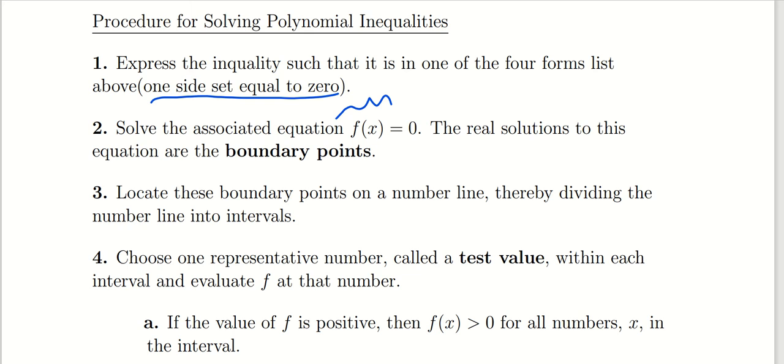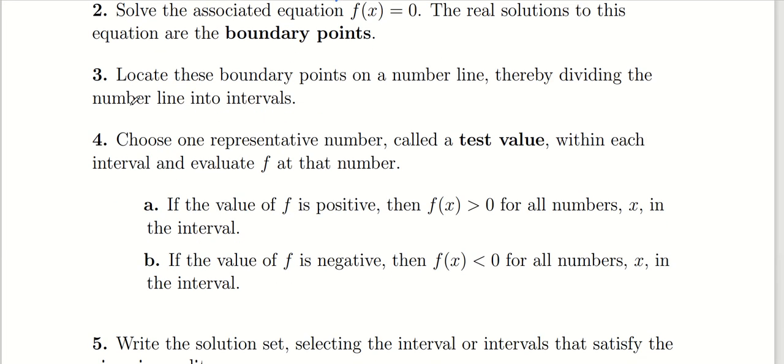These solutions x to this equation will be referred to as the boundary points. From there, we will plot the boundary points on a number line that will divide the number line into intervals, and then we're going to pick a test value within each interval and plug it into the polynomial f.